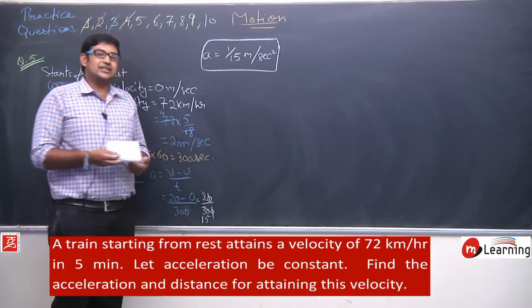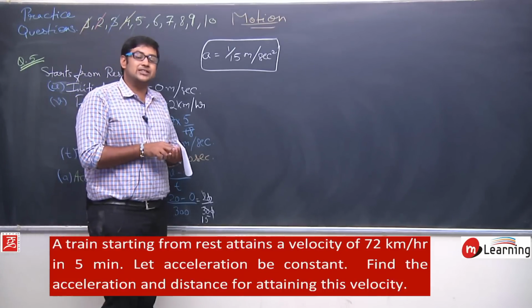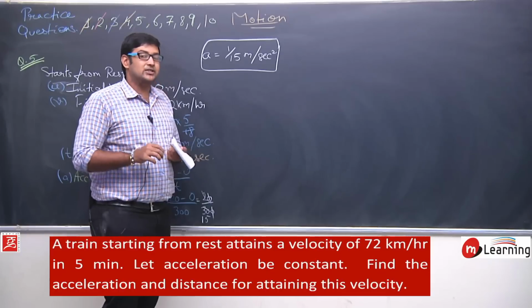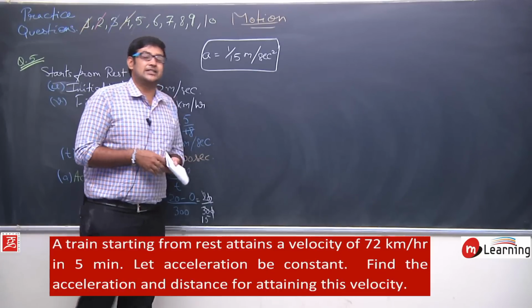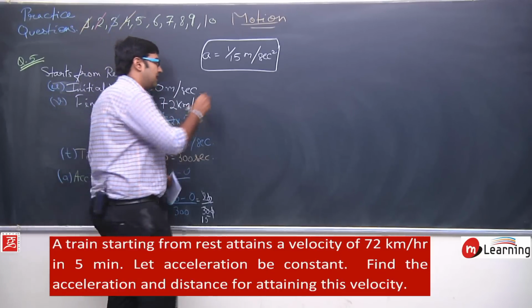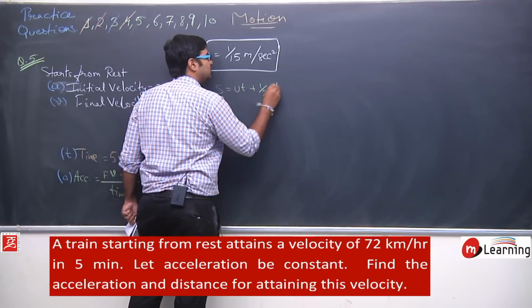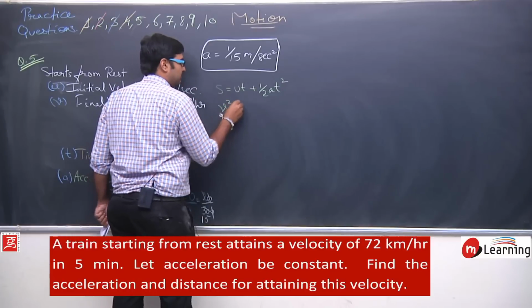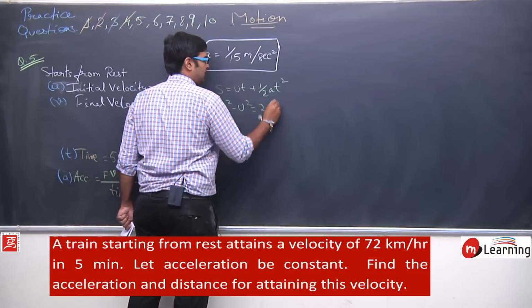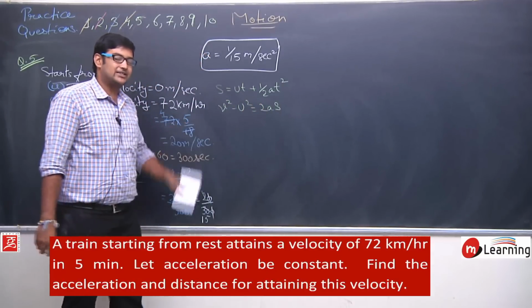We need to calculate the distance. So what is the equation for distance? We have 2 equations which contain distance: s is equal to ut plus half at square, and second is v square minus u square is equal to 2as. Now which should I consider?